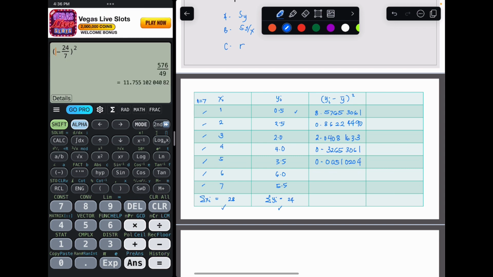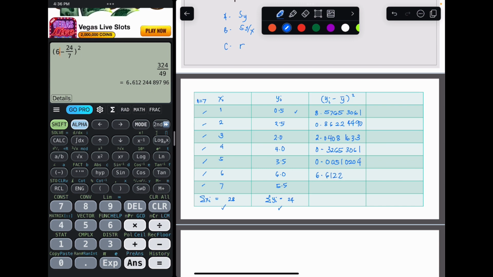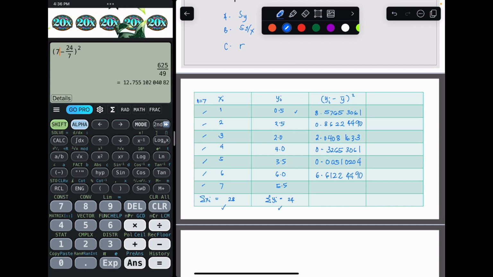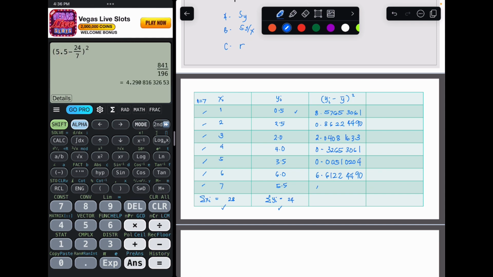Then for 6, 6.61224490. And then for 6, sorry, it's 5.5, so 4.29081633.